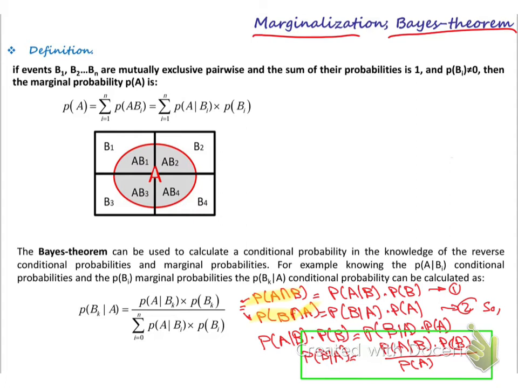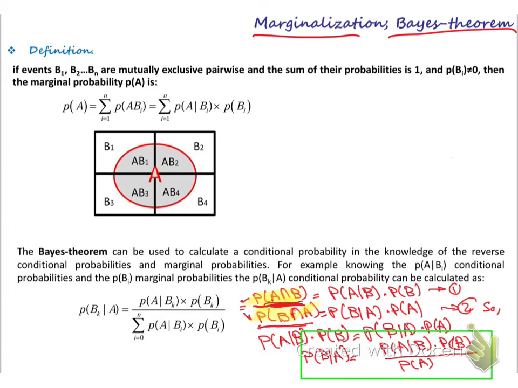The probability of A intersect B equals the probability of B intersect A. This was just what we have taken in the previous example, the previous slide.